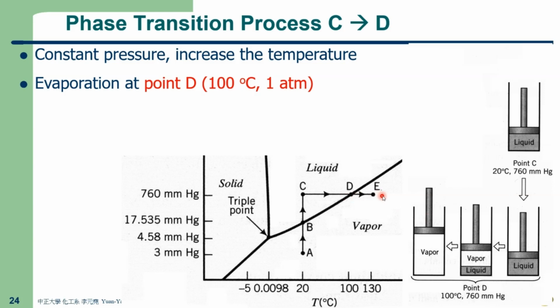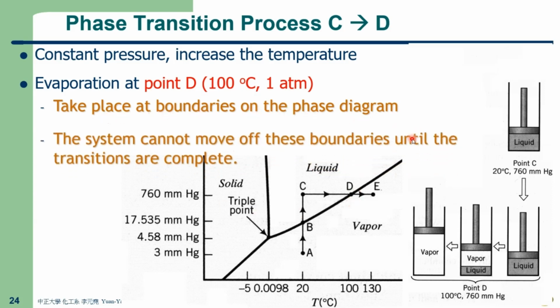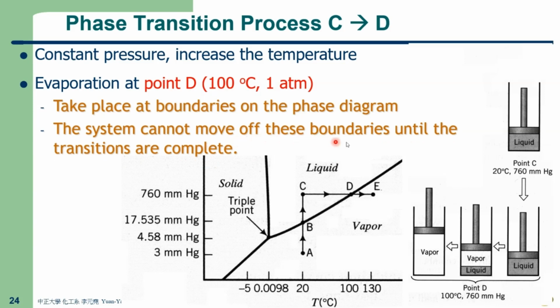That is D to E; we are talking about C to D now. This takes place at the boundary on the phase diagram, and the system cannot move off these boundaries until the transitions are completed.